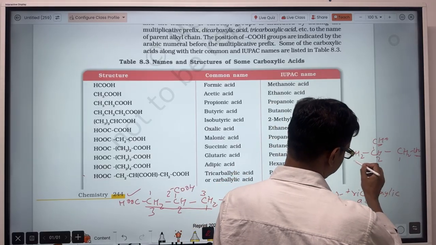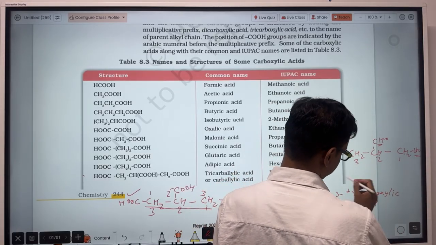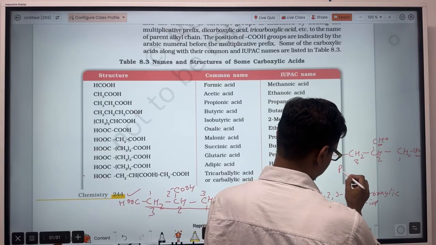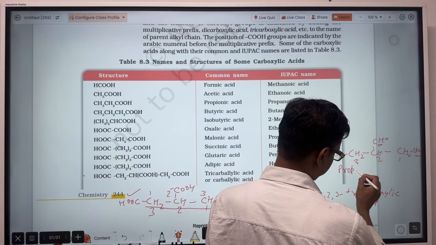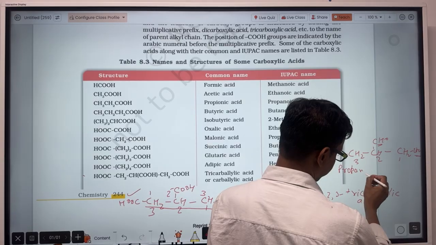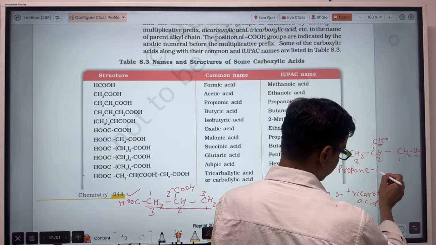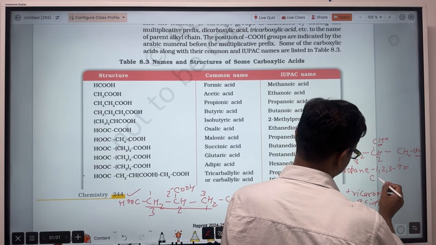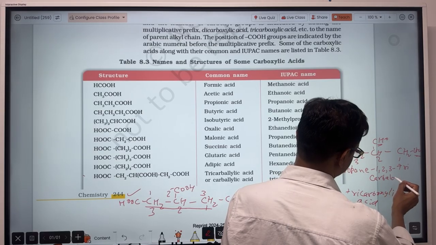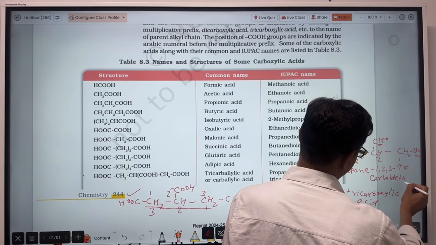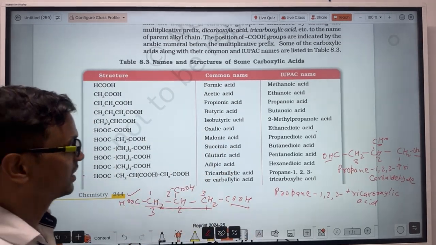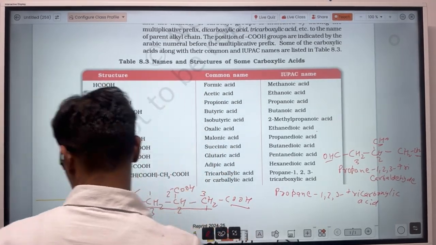So that's why 1, 2, 3 we have written, and we have written the E of the alkane. So it was propane. So here that will be propane, E was written, and then 1, 2, 3-tricarbaldehyde. Okay guys, that was the nomenclature. Let's proceed.